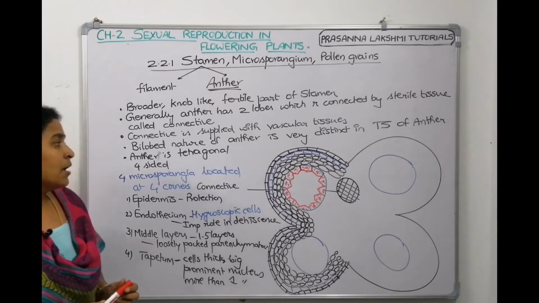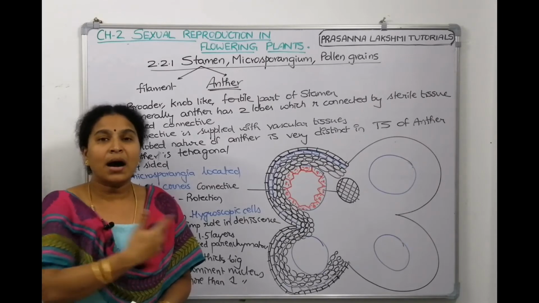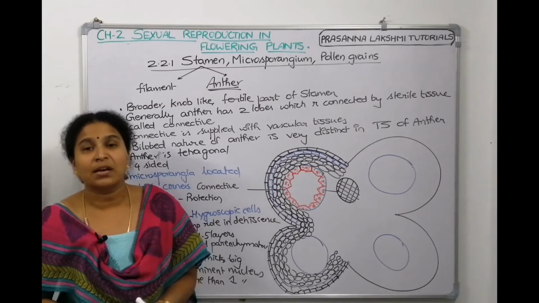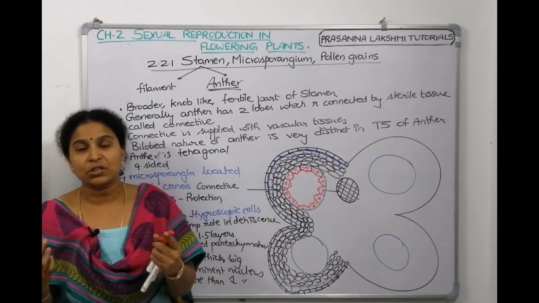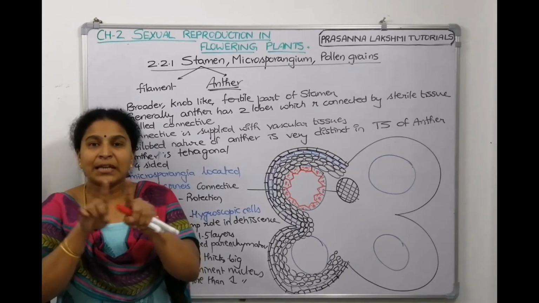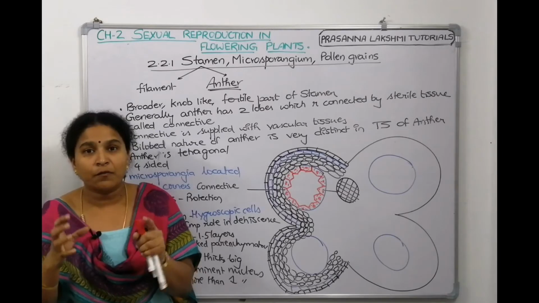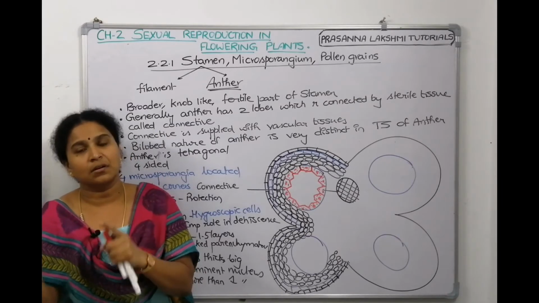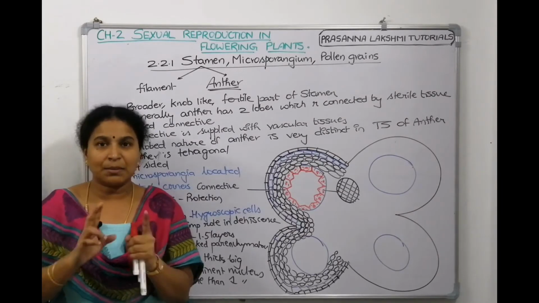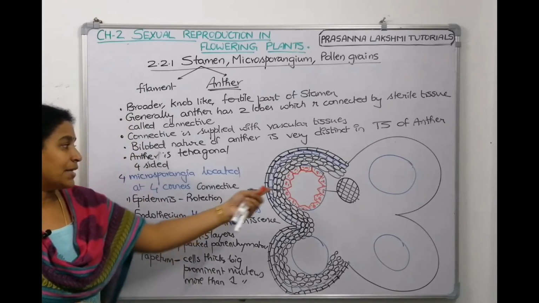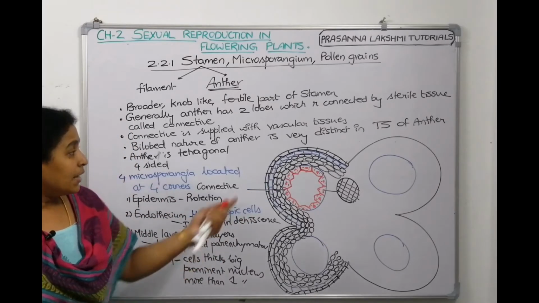Now, think, how are they able to get more than one nuclei? In the embryonic stages, when the tapetal cells are fusing, their cytoplasms will fuse, but the nuclei will not fuse. So, after development, they will have their separate nuclei only. That is why it has more than one nuclei.